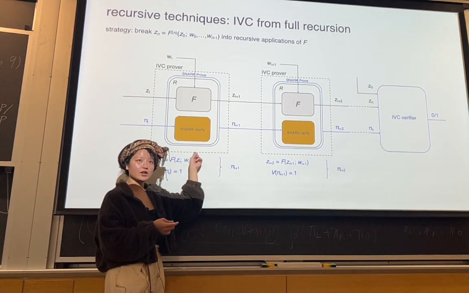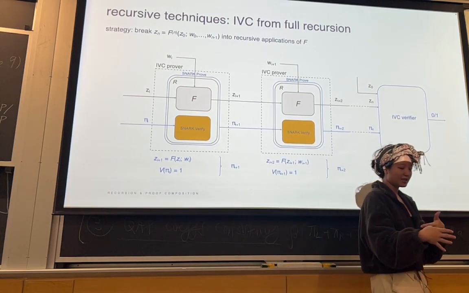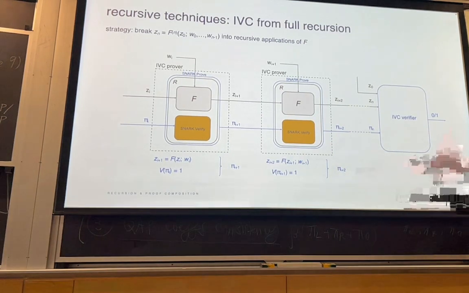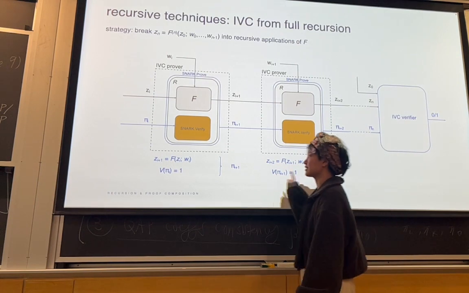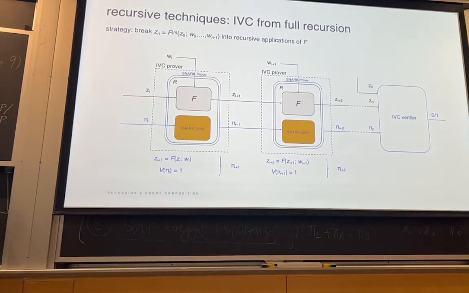If your verifier, for example, were linear time, then at each recursive step, the statement that you're verifying grows, and you get blow up soon enough. So for full recursion, you need a sublinear verifier. And AHP gives you concretely a good sublinear verifier.